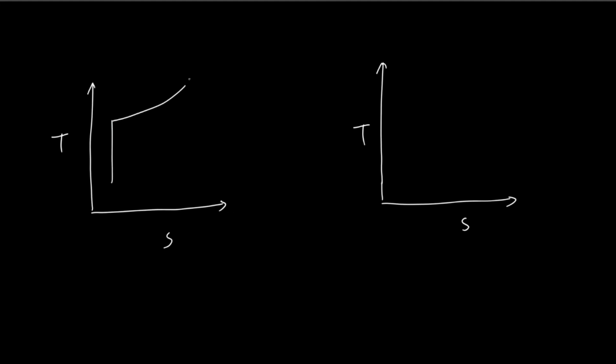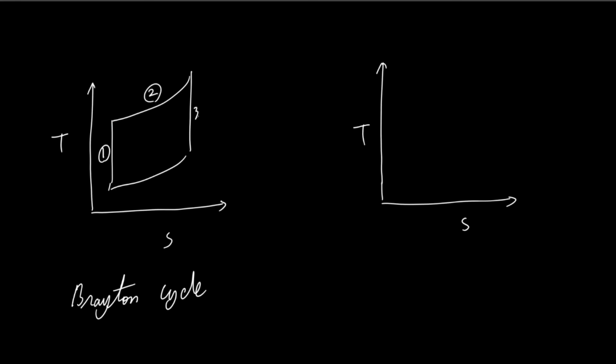For the core, we have the usual Brayton cycle. If you don't know what a Brayton cycle is, I recommend you search it and learn it. Brayton, B-R-A-Y-T-O-N. And I will give these numbers because it's important. And I will erase.